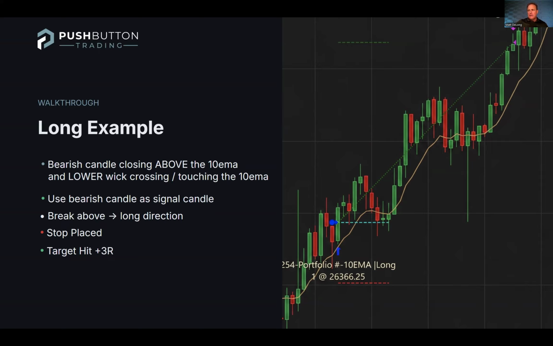Okay. Let's see. Do you ever move your original stop loss? Actually, you can. Typically there's a trailing stop loss that you can optionally set. That is a little bit more advanced.